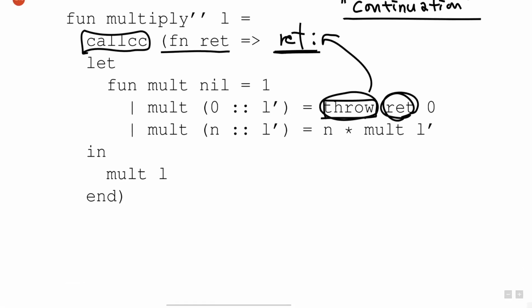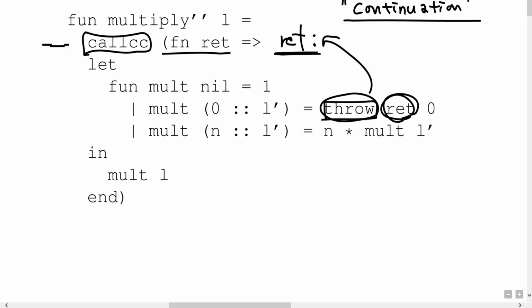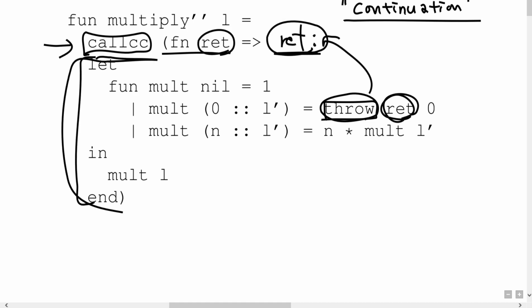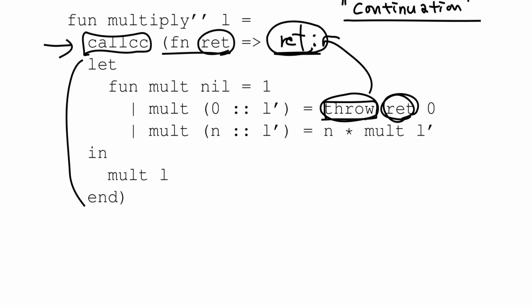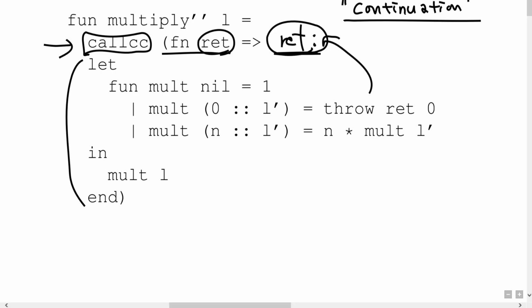So what happens is, when we encounter this callcc with this function, we declare a return label, and then we proceed to evaluate the main function body. We proceed normally until we hit this throw. We have two arguments in this throw statement.